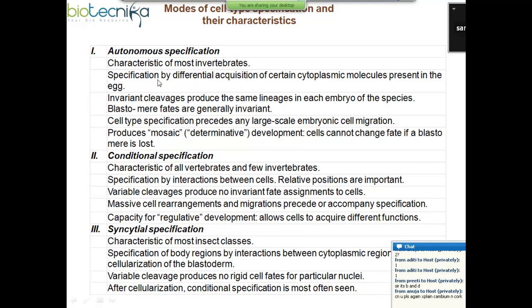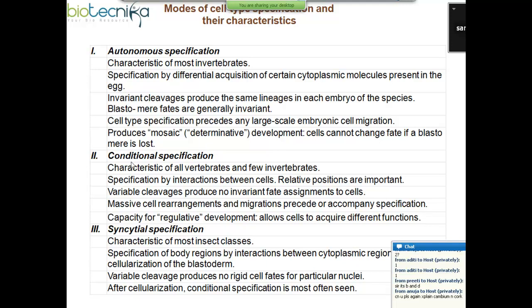It is specification by differential acquisition of certain cytoplasmic molecules, and then invariant cleavage produces some lineage. Blastomere fates are generally invariant. Mostly invertebrates are more prone to mutation; anytime it can happen. Then it produces mosaic development. Cells cannot form their fate if the blastomere is lost. So it will be mosaic.